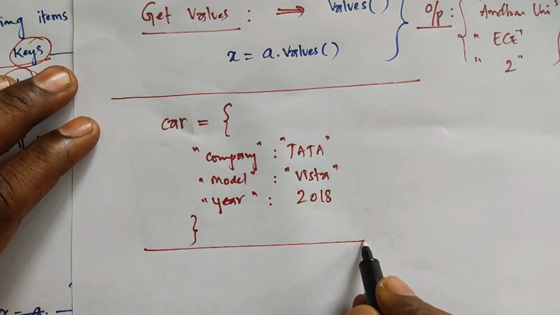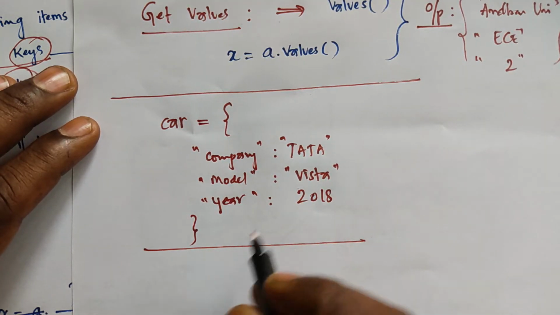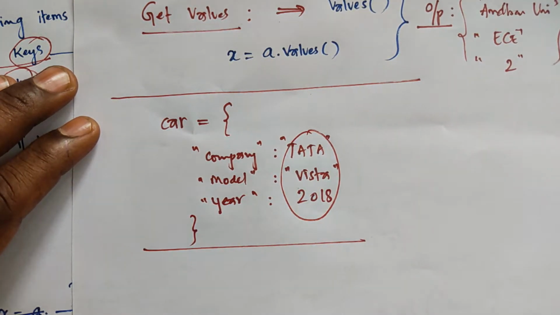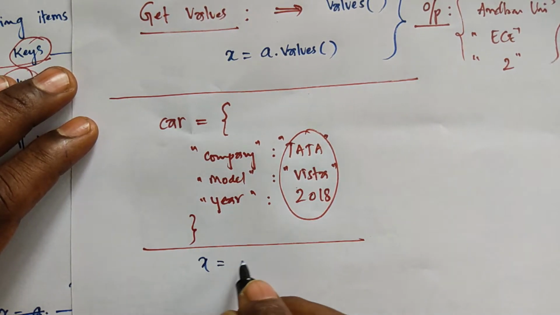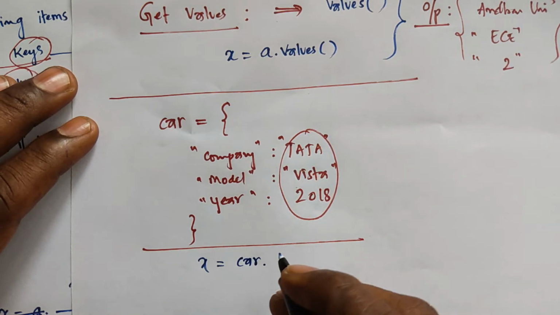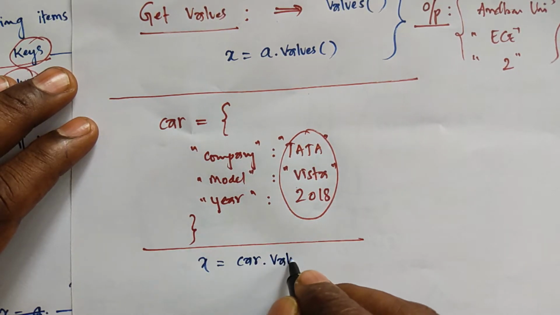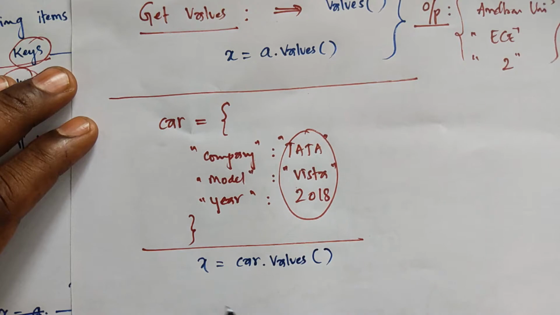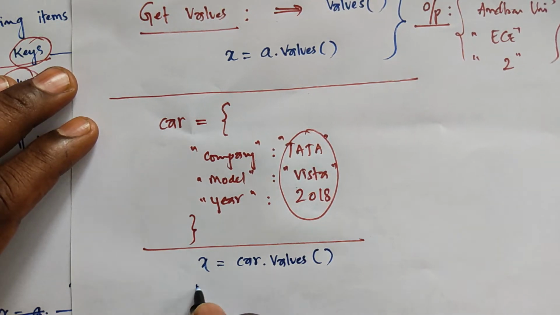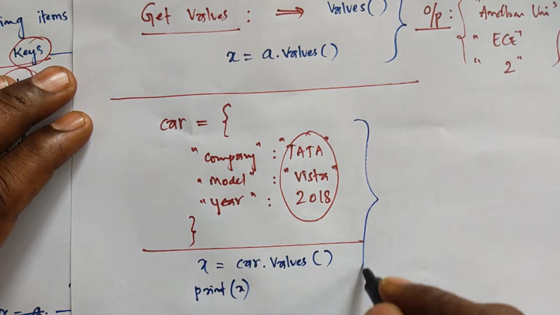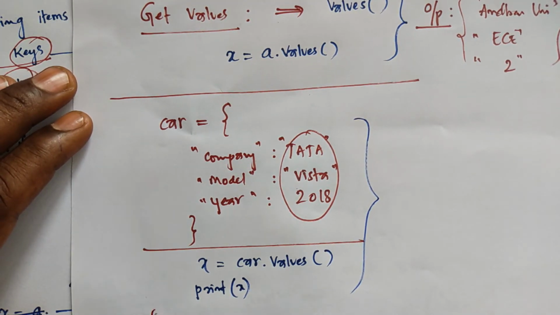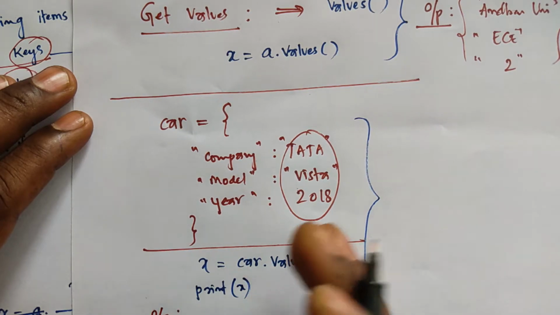After execution of this, how can you change the values? The values are the right side values that you have to change. You take x is equal to car dot values. After execution of this line, you write print of x, and you will get output of only the right side values.